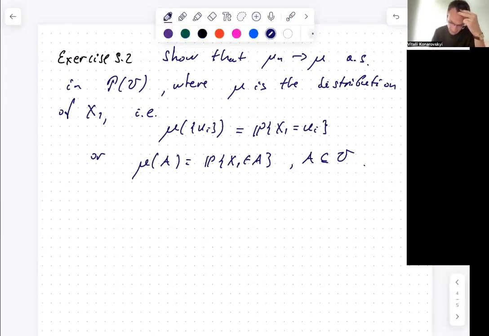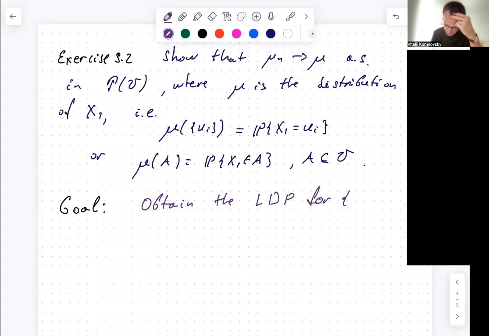So the goal today is to prove, or maybe it's better to say obtain, the large deviation principle for the family mu n in the space of probability measures on U. And also our goal is to find the rate function for this large deviation principle.